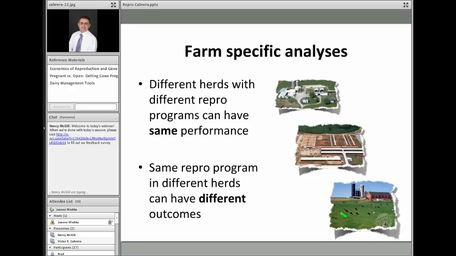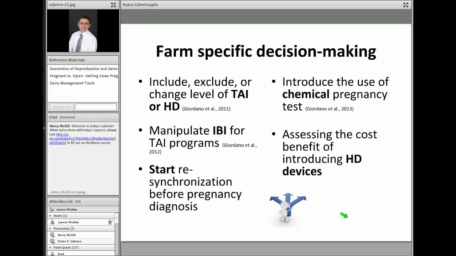And that's why we spend quite some time developing this tool that will allow to represent those farms and to represent the reproductive programs very specifically on those farms. And let me give you just here an example what you can do with this very nice tool.